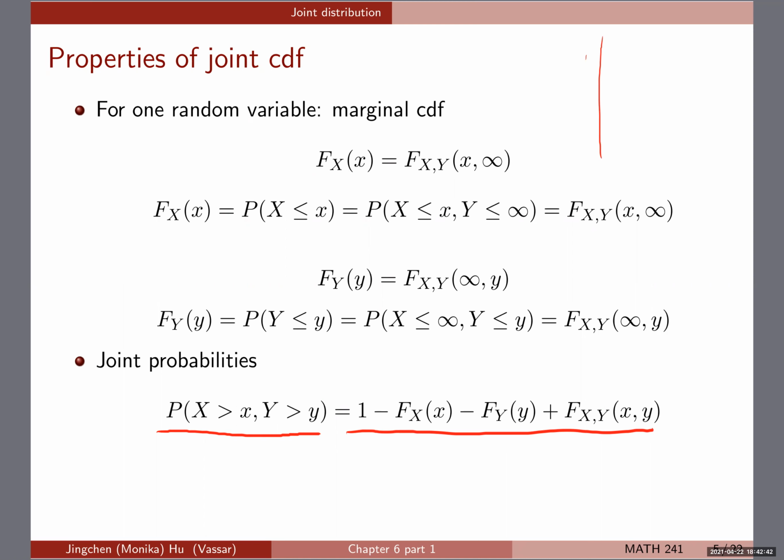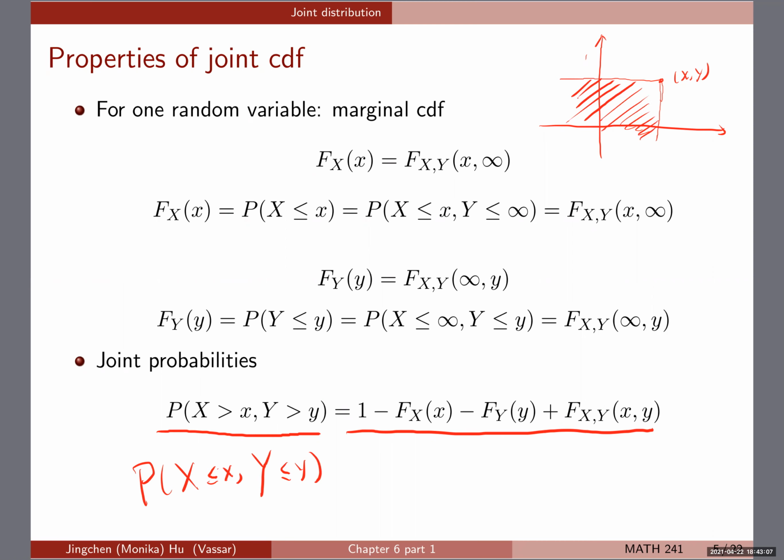But just to bring you back into this general framework, remember we're saying that the joint CDF, F, is the probability that X is smaller or equal to small x and Y is smaller or equal to small y. That is anything to the southwest of this point, okay?